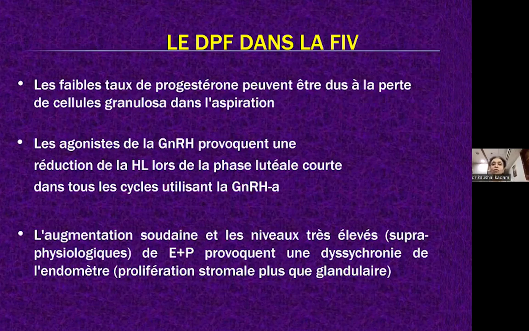Okay, so these are all the causes. So in short, the process of stimulation or hyperstimulation is the one that induces the luteal phase defect in an IVF cycle. And it is for this reason that we need to support with high doses of progesterone so that we get a successful pregnancy.